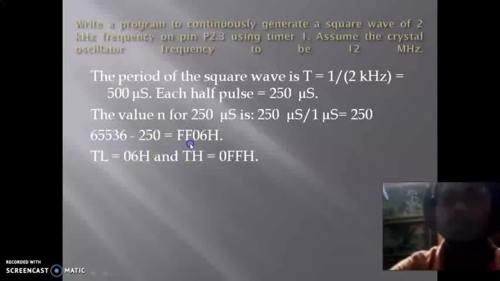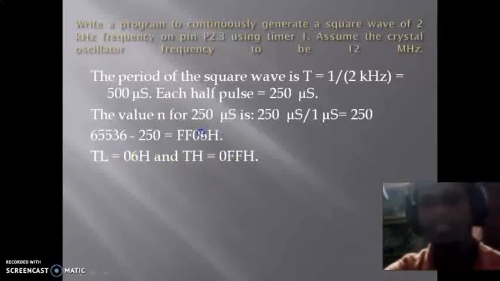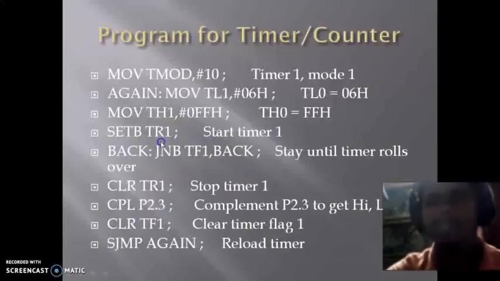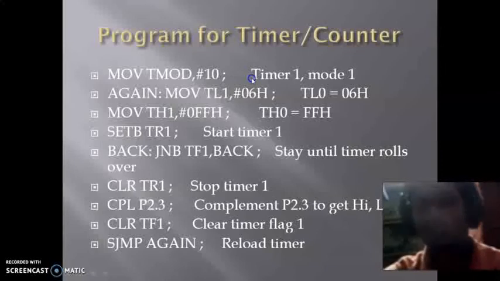So here 65,536 minus 250, if you convert it into hexadecimal form, will be equal to FF06H. Now FF will be stored into TH and 06 will be stored into TL. That is the way the counter is set. In the programming we are selecting timer 1 and mode 1.